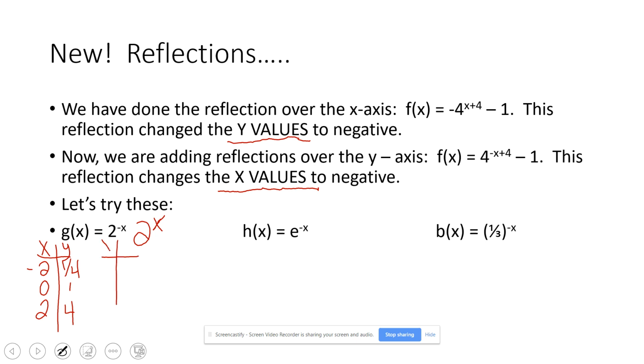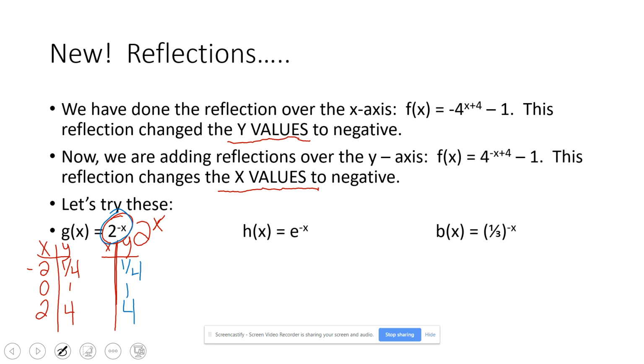Now, if I do our reflection, 2 to the negative x, I'm going to put that in blue. What we're doing is we keep the 1/4, the 1 and the 4, and change our x values.